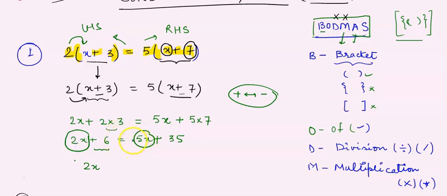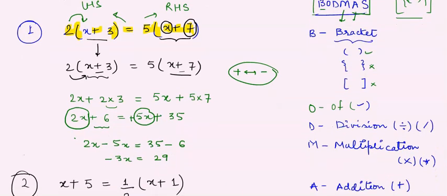So when 5x comes from the right hand side to the left hand side, it becomes negative 5x. Similarly, 35 stays and positive 6 going from left to right becomes minus 6. So 2x minus 5x is minus 3x, and 35 minus 6 is 29, right?